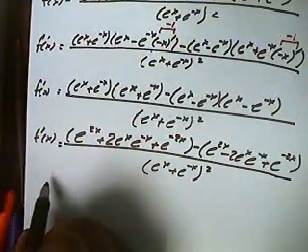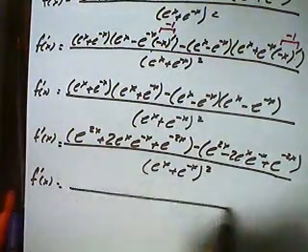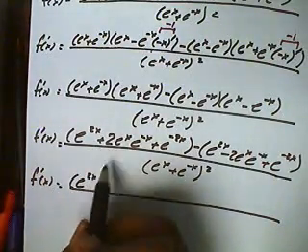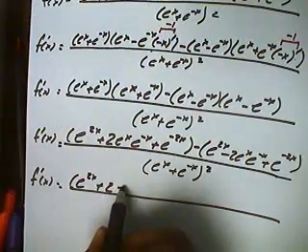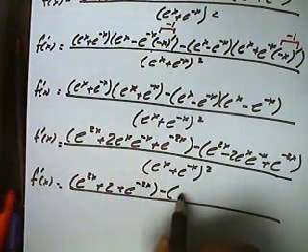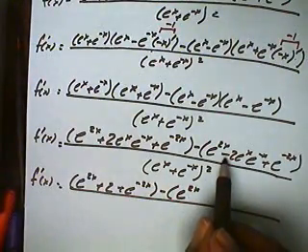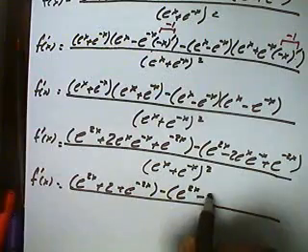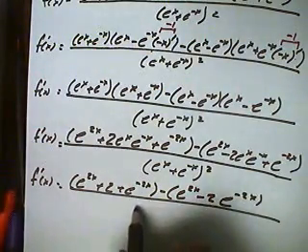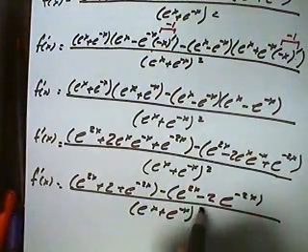So from here, we're going to have e to the 2x, and this will be 1 times 2, which is 2, plus e to the negative 2x, minus e to the 2x, and well, this will be negative 2 times 1, which is negative 2, and e to the negative 2x, all over (e to the x plus e to the negative x) squared.